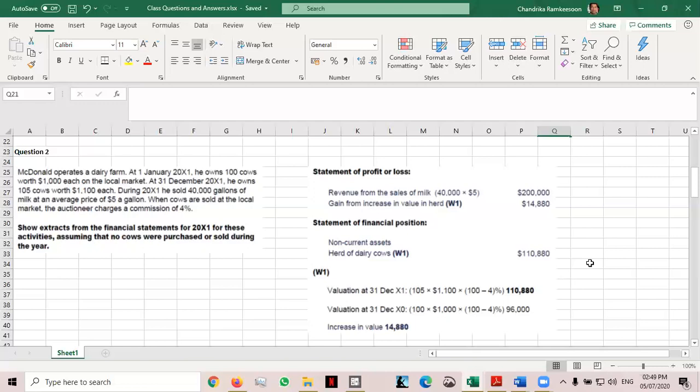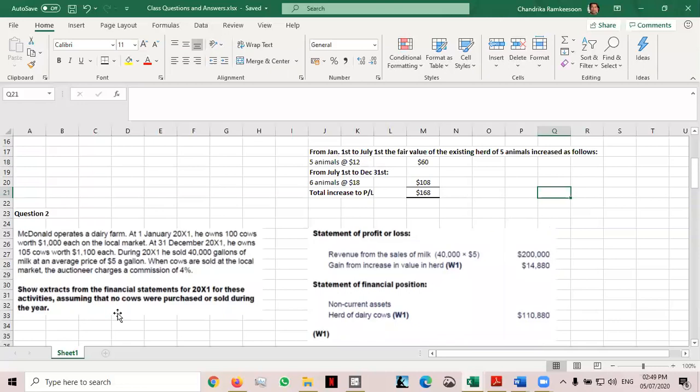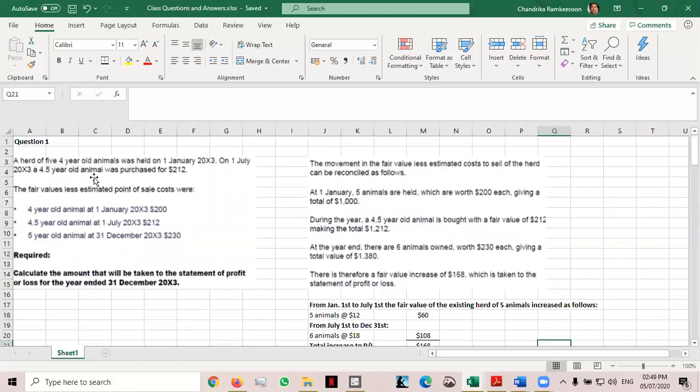Now coming back to our riddle. So if no cows were actually bought or sold, now before I give you the answer to that riddle, if you haven't figured it out as yet, if you were to compare this question with the one up here, on 1st July, an animal was acquired, and notice the valuation.